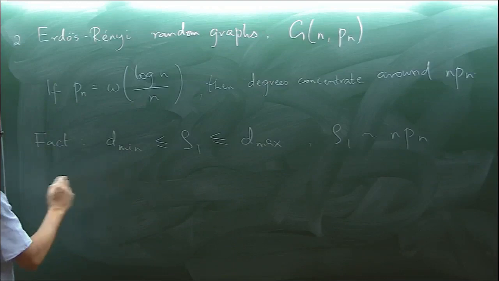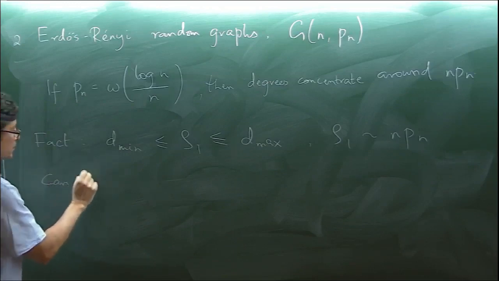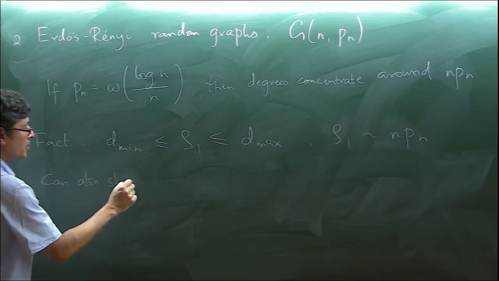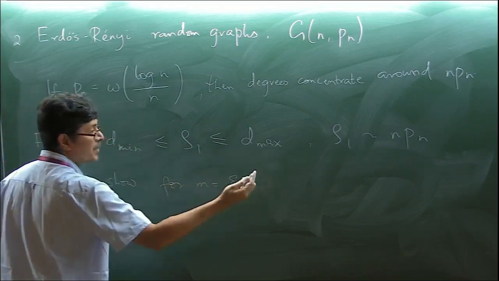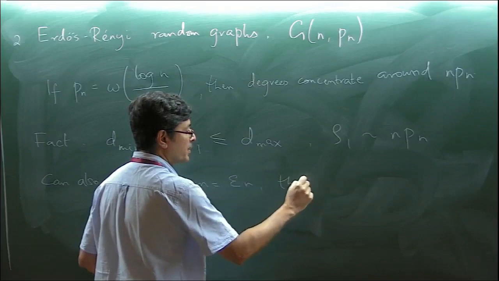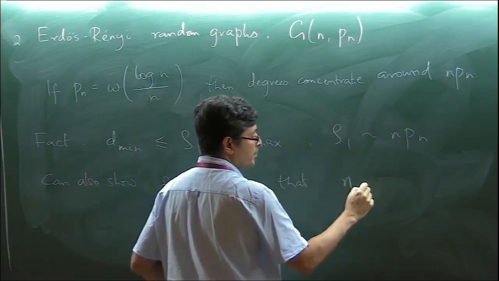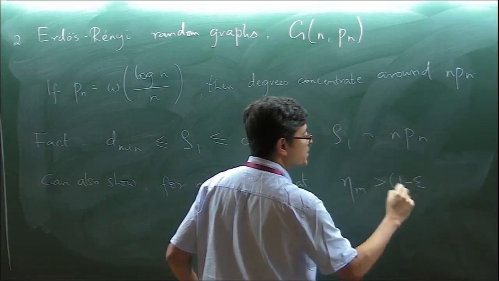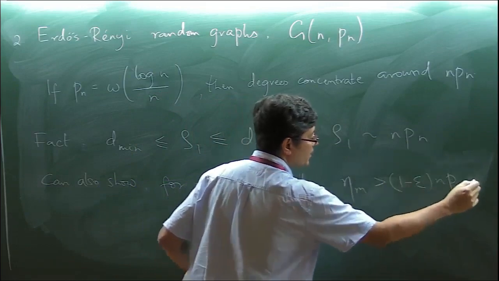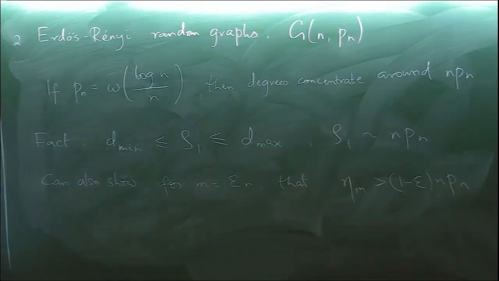And we can also show, if we take m to be some epsilon n, that eta m is also bigger than (1 minus epsilon) n p_n. So again, these two are close, and you again have a sharp transition.